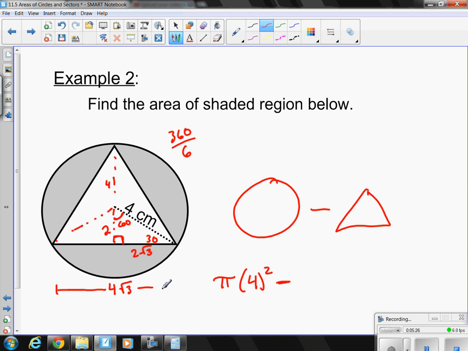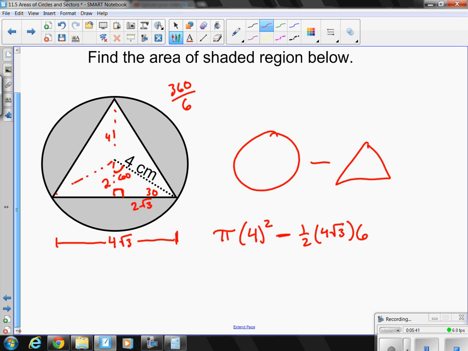Got to double it. So 1/2 the base, 4 times the square root of 3, times the height, 2 plus 4, 6. That's the area of the triangle that I subtract out.